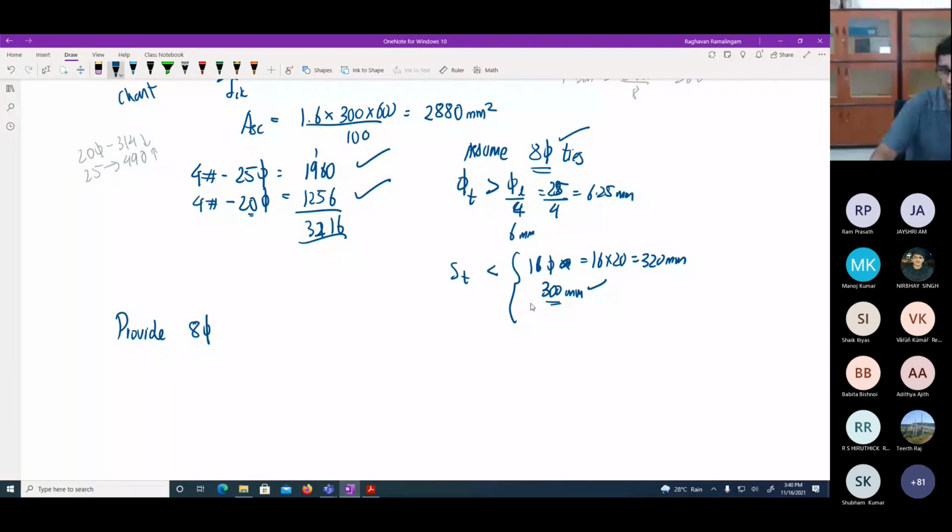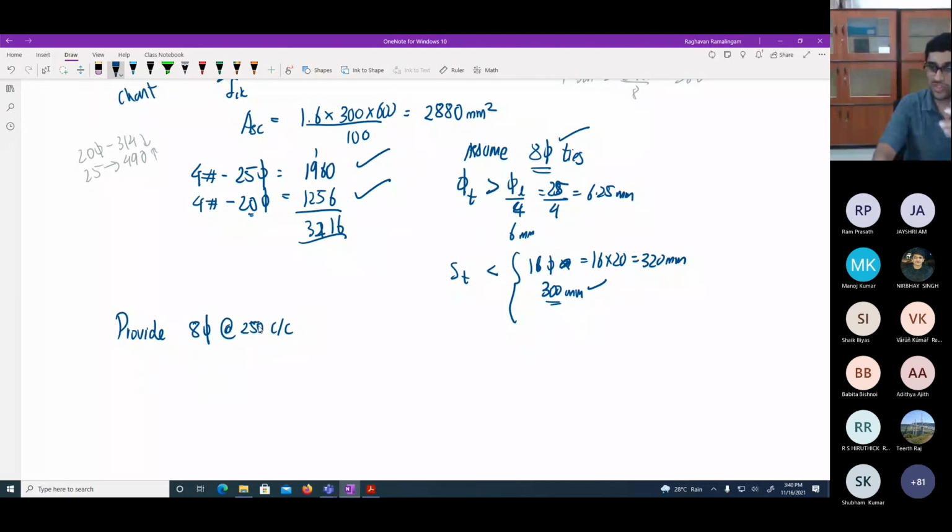You are allowed to use 300, but if I want to be a bit safe, or if I'm a person with a lot of doubts always, then I can maybe be a bit more safe. Let me reduce it a bit and say 250 center to center. I have not reduced this from 300 to 250 based on any provable scientific reasoning.